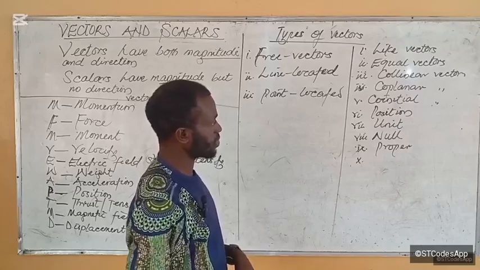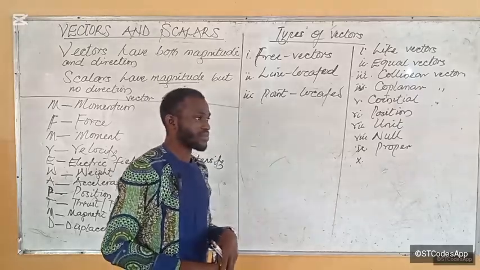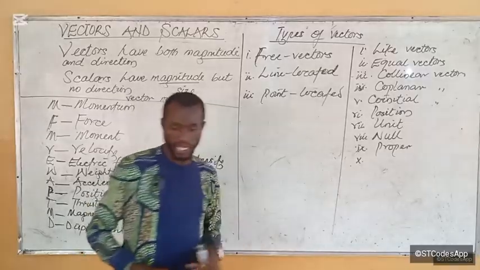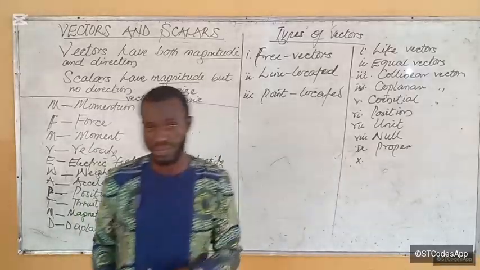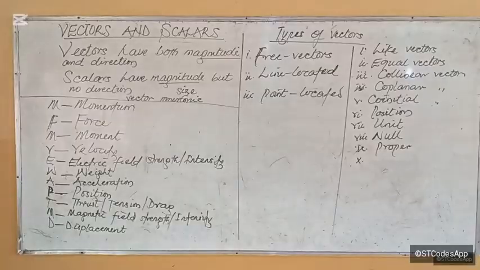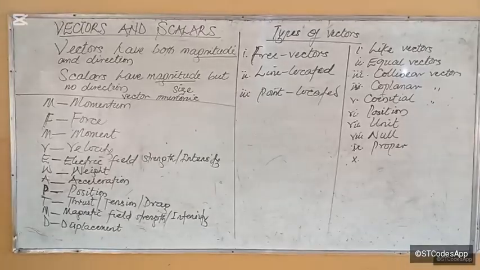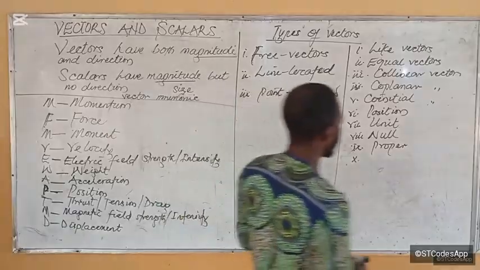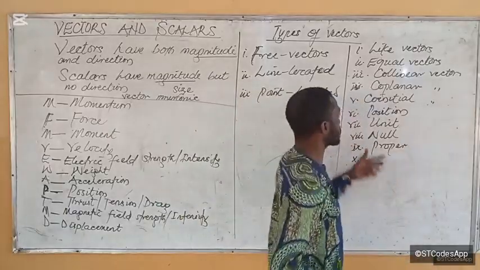There is one more that I can't remember right now. So these are the types of vector. By the time I remember this, I'll let you know.